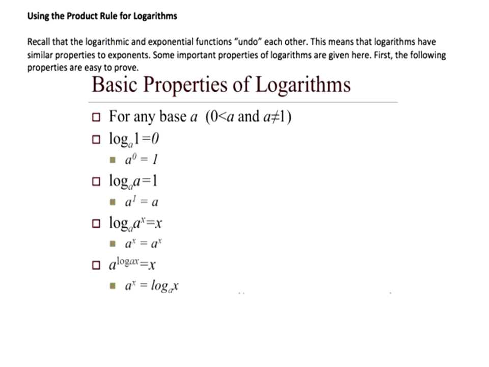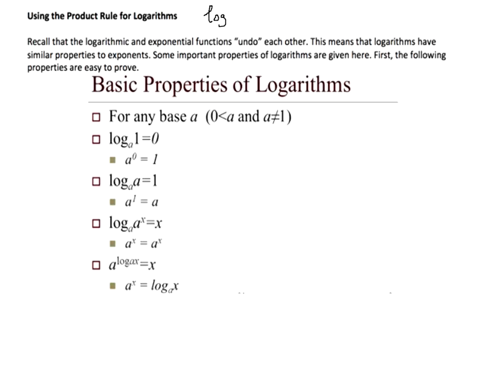Okay, so I'm going to start out by just putting the definition that we learned in 6.3 at the top of the screen here. So what we learned is that these two equations are equivalent.